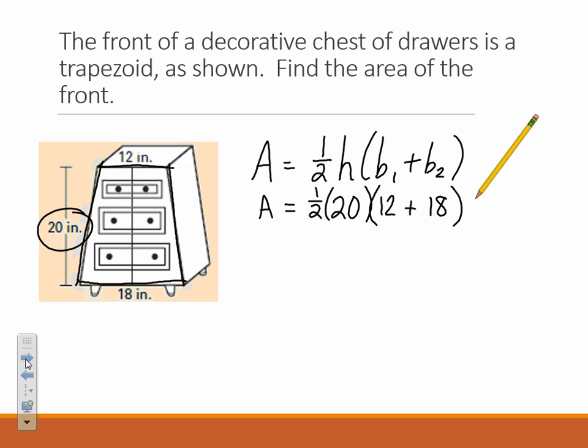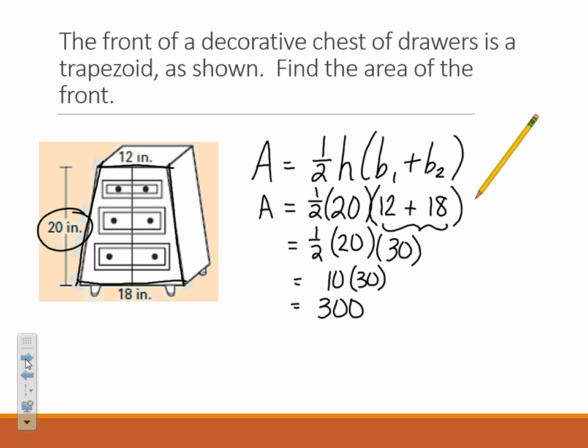Now if I was going to start calculating this, you might start with these parentheses. 12 plus 18 is 30. So we have 1/2 times 20 times 30. 1/2 times 20 would be 10, and then 10 times 30 makes 300.